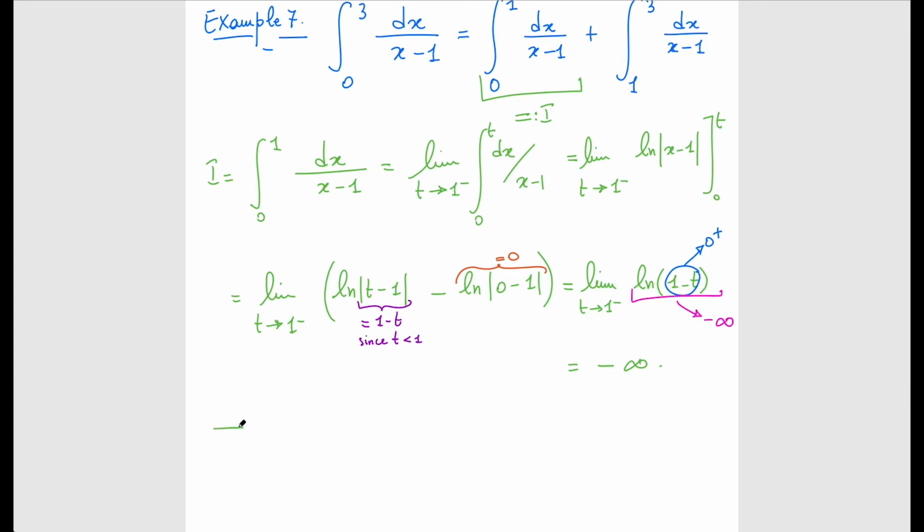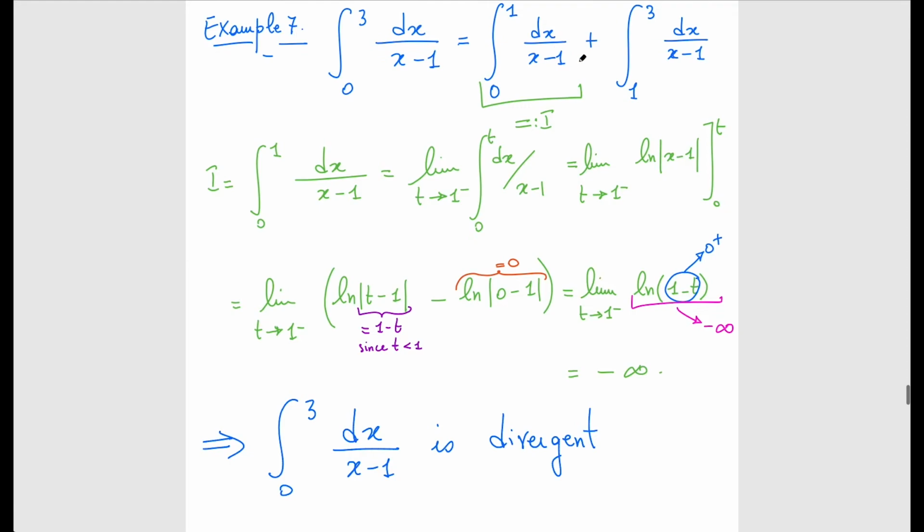So this entails, let me keep it in blue, that this integral is divergent, having one of its two corresponding improper integrals actually divergent, right?